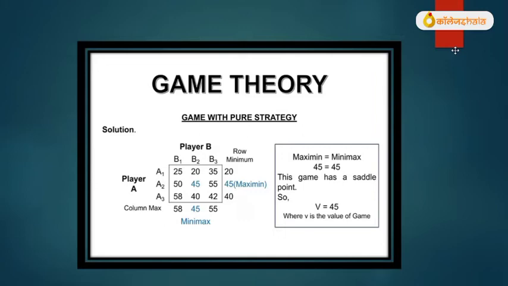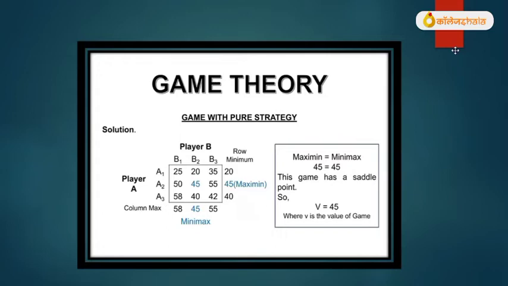Now from these column maximums, we are going to get the minimax value, that means the minimum value of the column maximums. Which one is the minimum among 58, 45 and 55? Obviously 45. Now see, the maximin value is 45, and the minimax value is also 45. So maximin equals minimax equals 45, and the game has a saddle point.